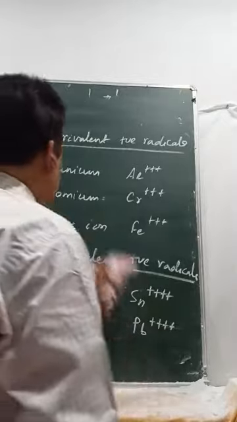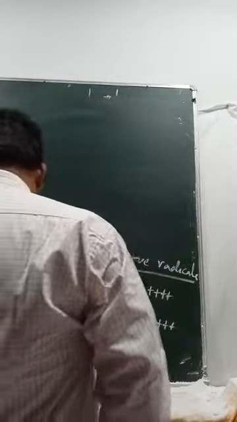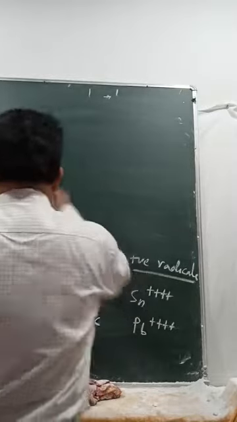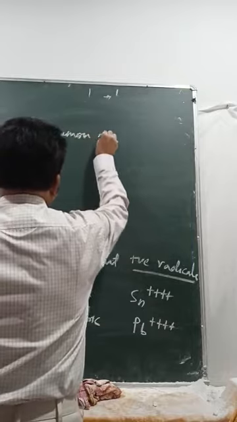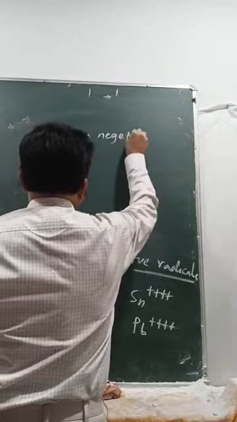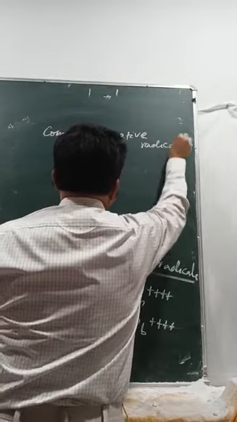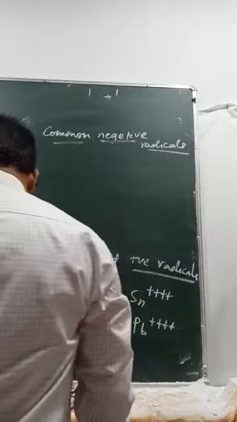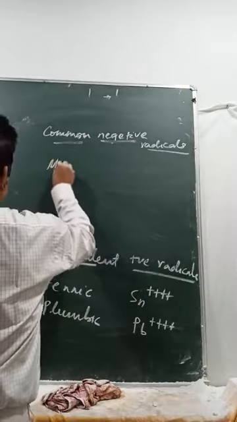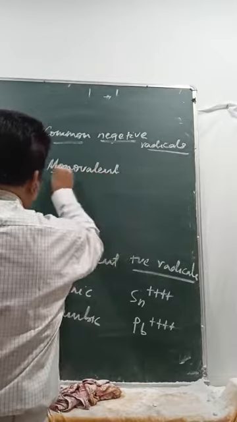Now let's go to negative radicals. So common negative radicals. So monovalent, means valency 1.